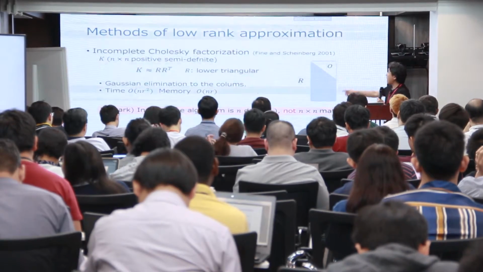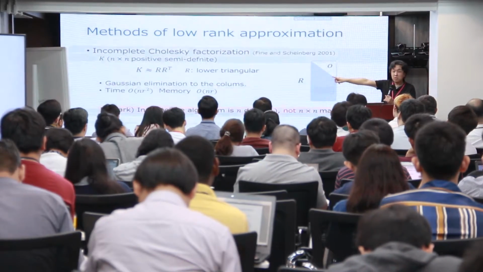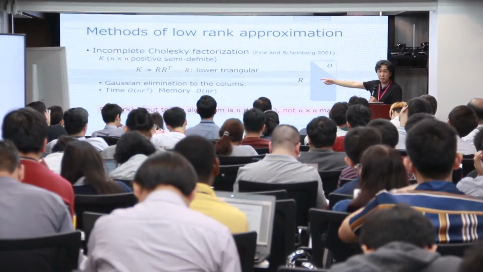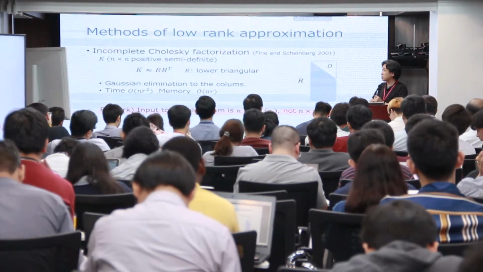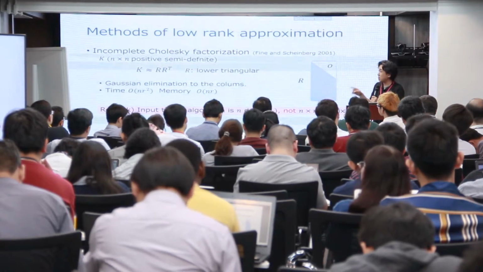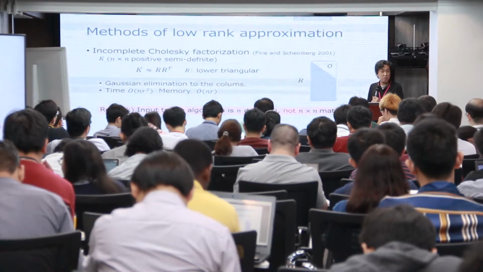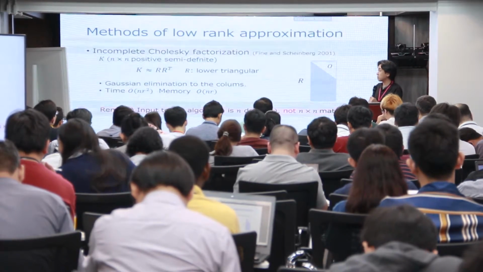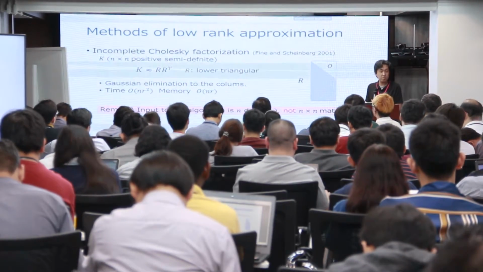In computing R, we need only a part of the elements of K. So when we need that element, we compute it. In that sense, we don't need to compute all of the elements in K. That's why we have only n computational time and n memory. That's an important thing: if we start from the matrix K, that requires n squared already. That's not necessary.